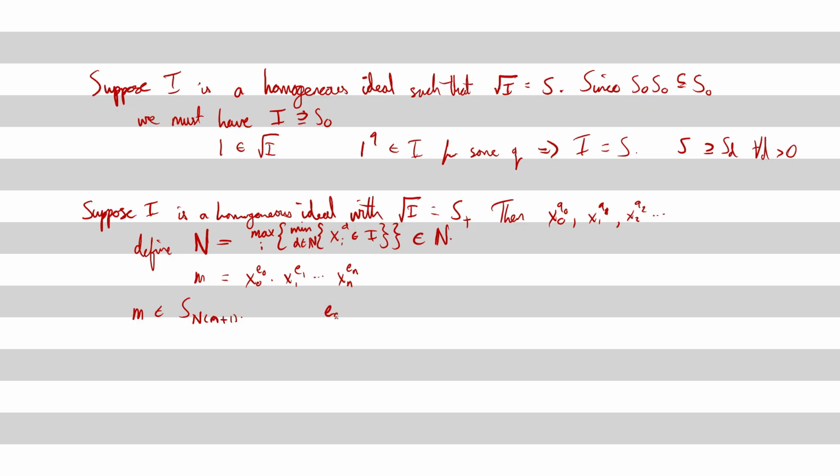Now, e0 plus e1 dot dot dot plus en is by definition going to be N multiplied by n plus 1.